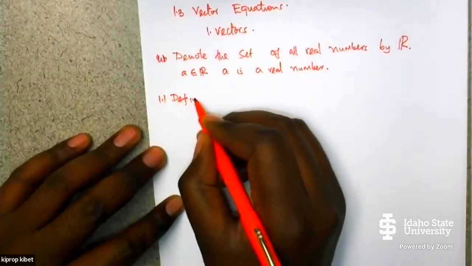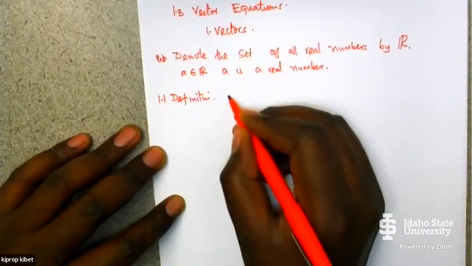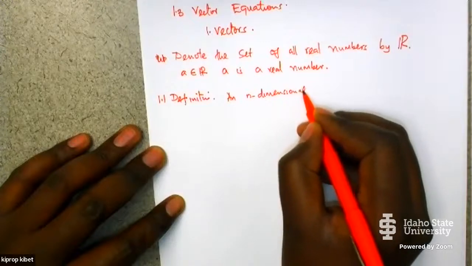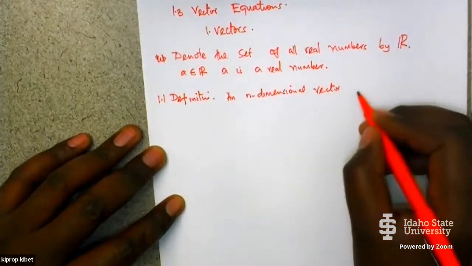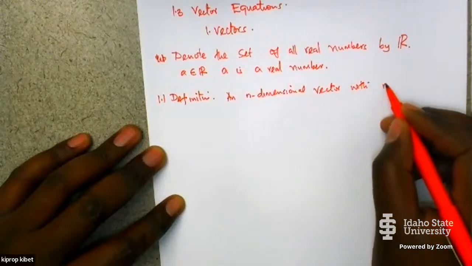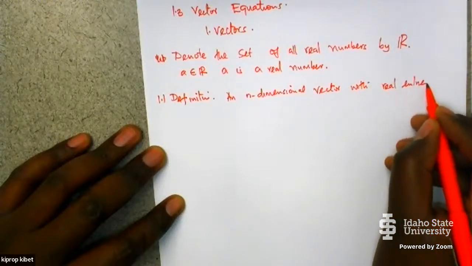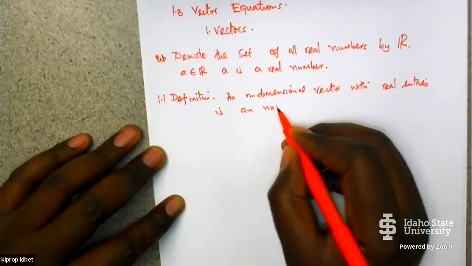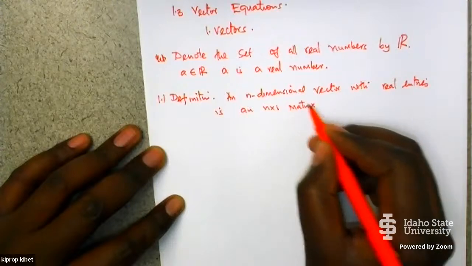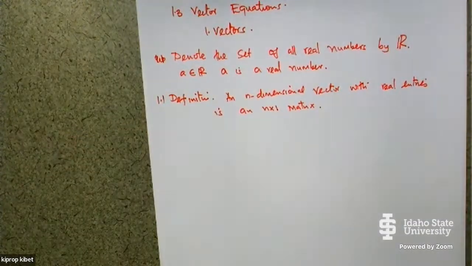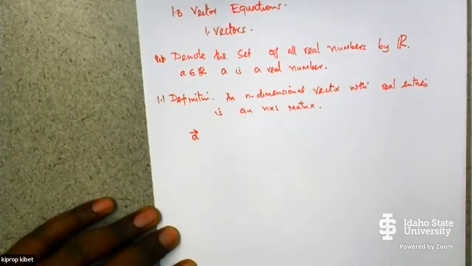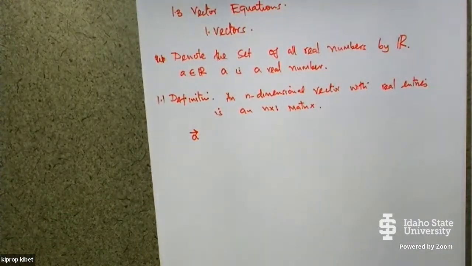Definition. An n-dimensional vector with real entries is an n by 1 matrix. We can write this as a.